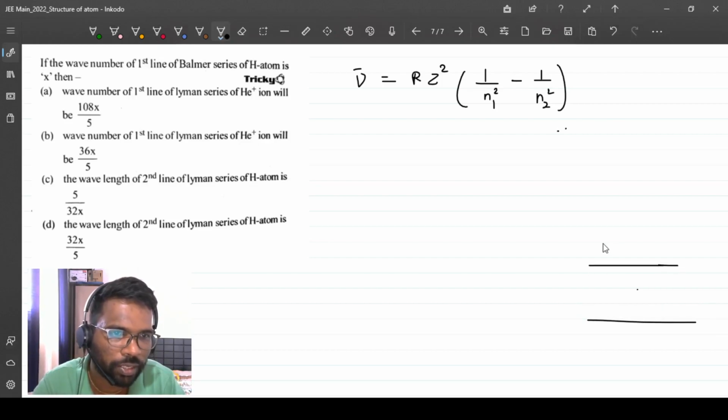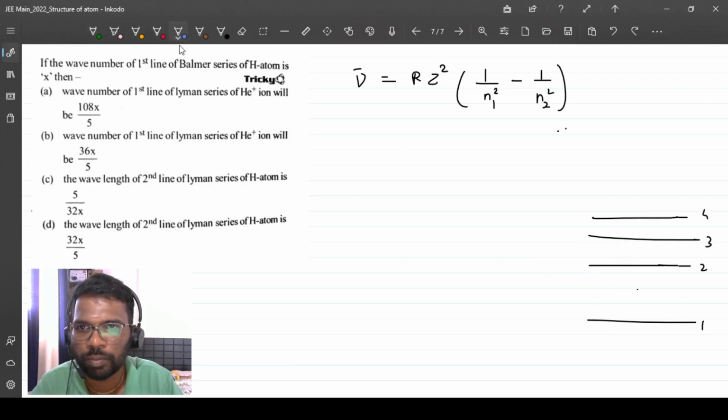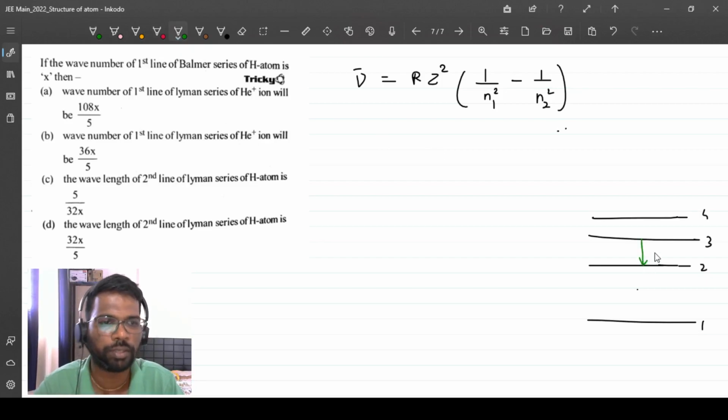This is how the energy level increases. So this is 1, this is 2, this is 3, and this is 4. Balmer series is from here. From here the Lyman series will start. This is the Balmer series, right? This is the Lyman series. All these lines will be the Lyman series.